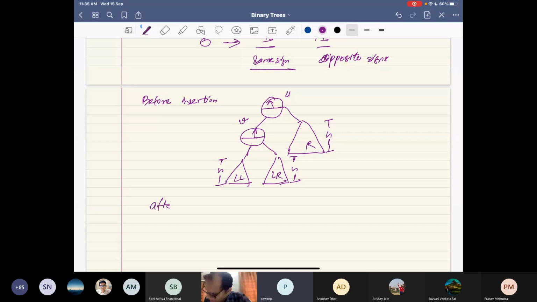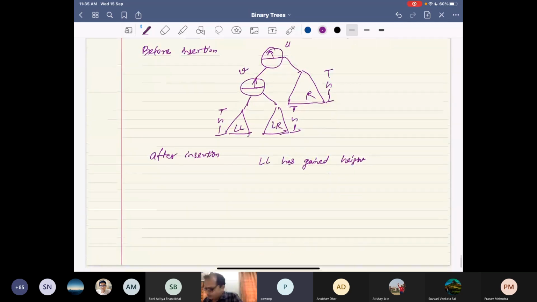So after insertion, you want the same sign. So that means LL has gained height. So what will this look like? This will look like this. U becomes -2. V becomes -1.